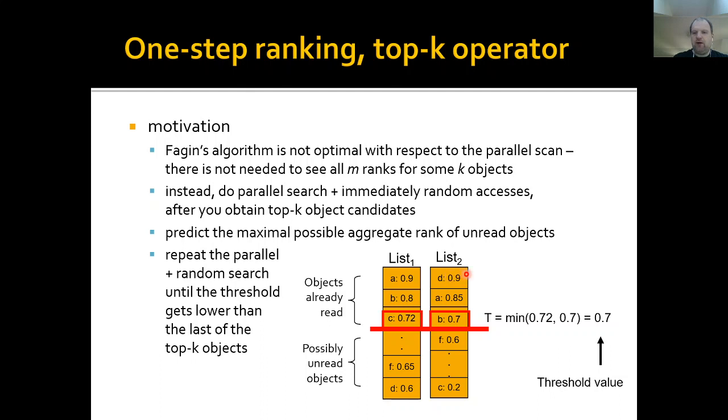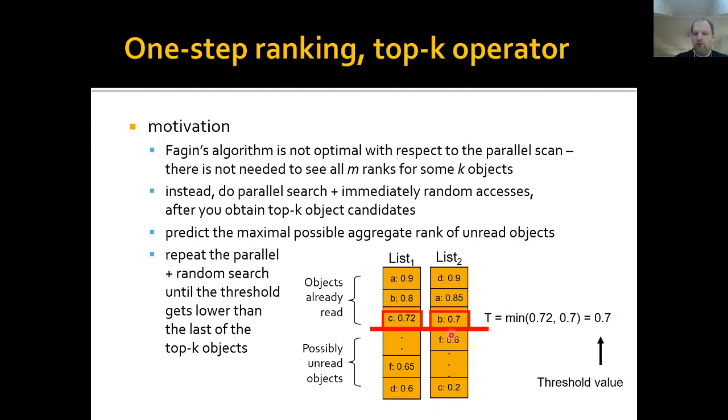And so we keep updating the aggregations. We do not compute aggregations after some number of steps, but immediately. So immediately we have the candidates for the top k objects, and we only update the best score seen so far and the threshold, which is basically the best score that could be seen after the position that we have already processed.